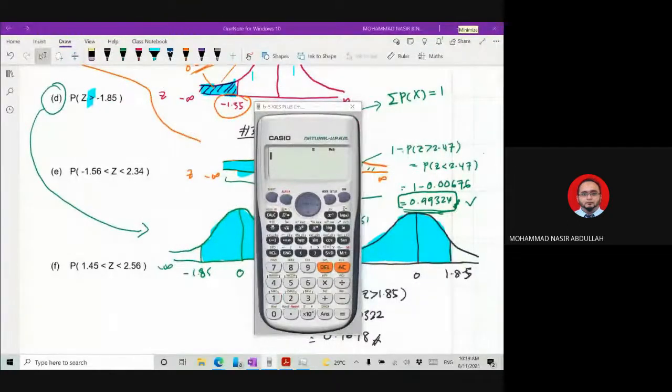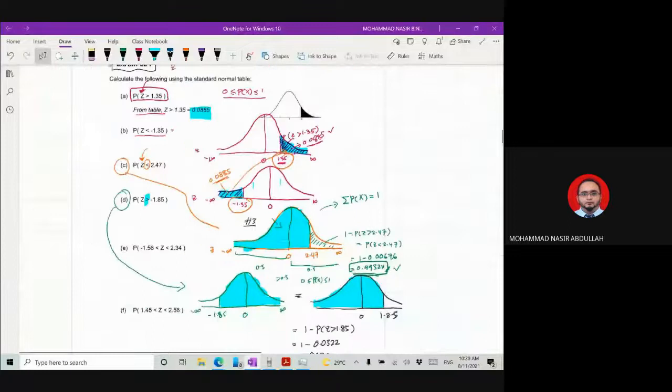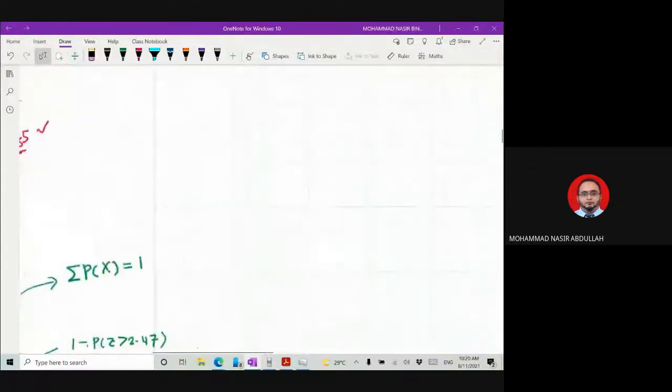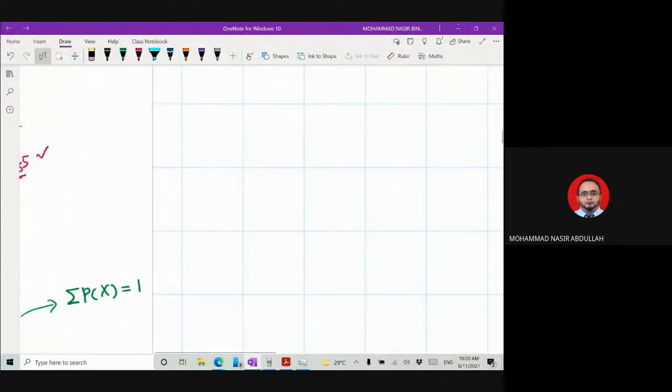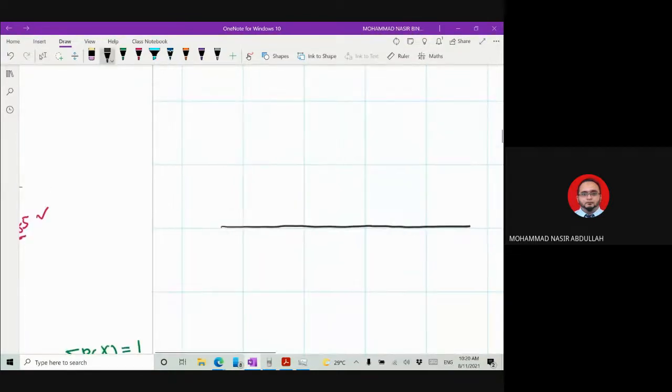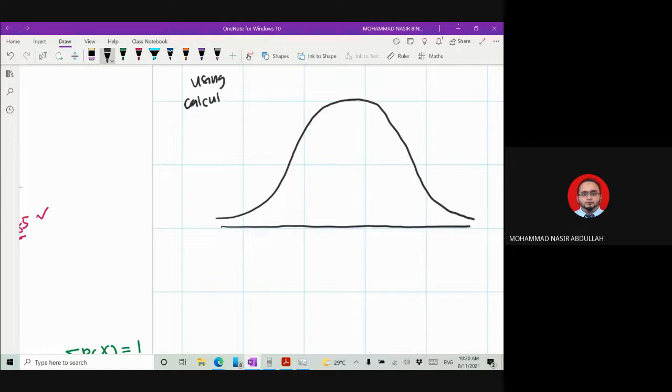So let's say we look here. In the calculator, the distribution is divided into 3 parts. So the first part, the second part, and the third part.